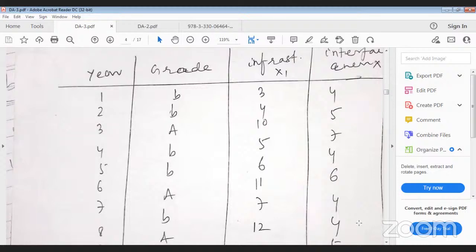If you have this much historical data, you frame one model, then fit that particular X1 and X2 data, and whatever score comes, you can identify which grade you will give, whether it is A or B. You can classify and also predict.